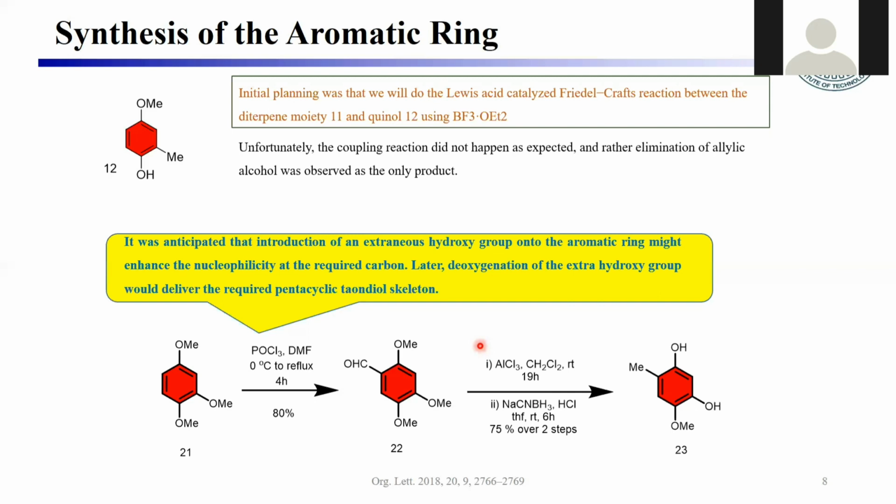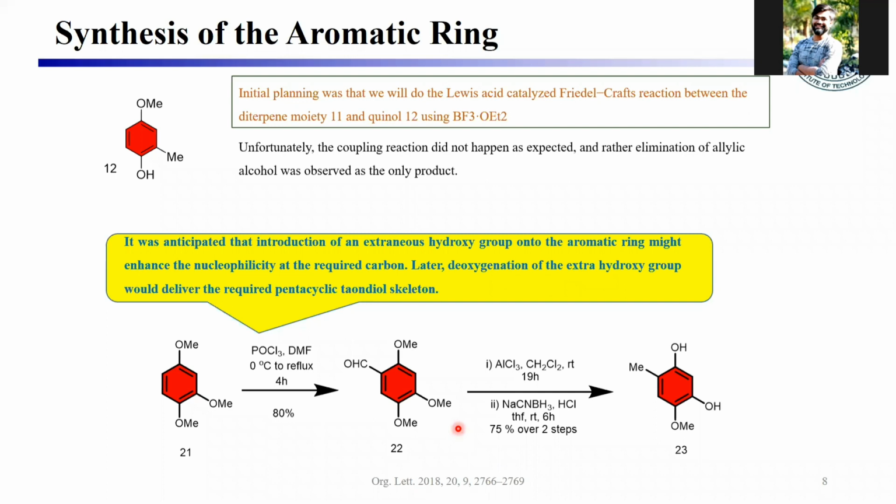Hello, Nitin, Prashant here. In the second step, you are using sodium cyanoborohydride for the reduction of that aldehyde group. How is it converted into methyl? Actually, sodium cyanoborohydride is basically for the reduction of imines, depending on pH.